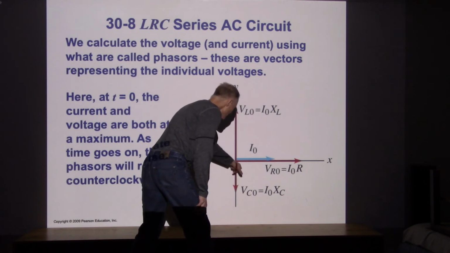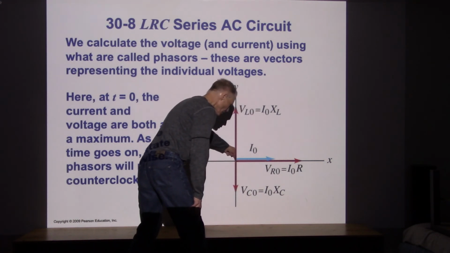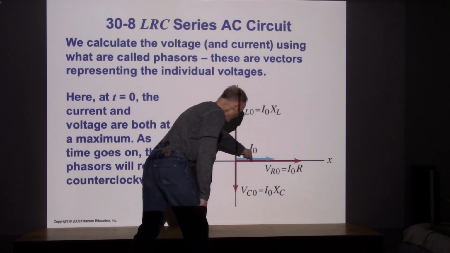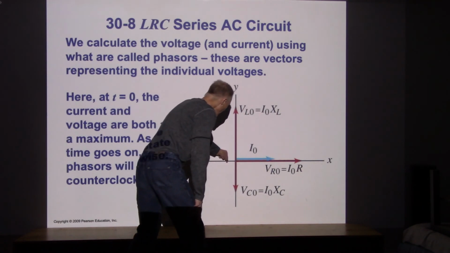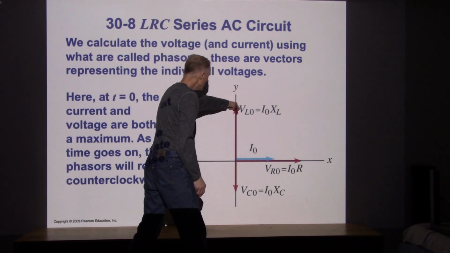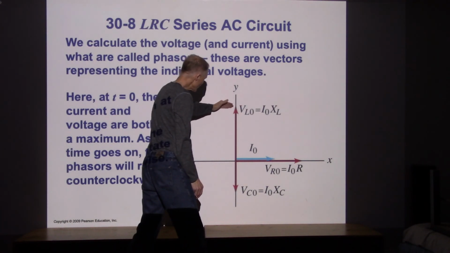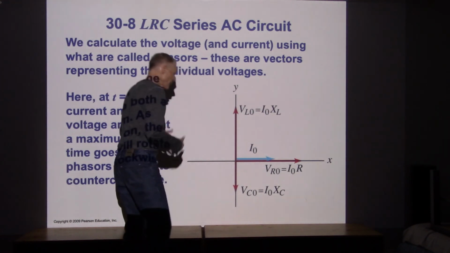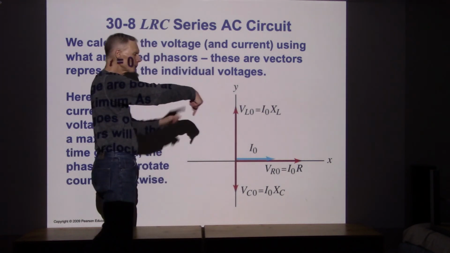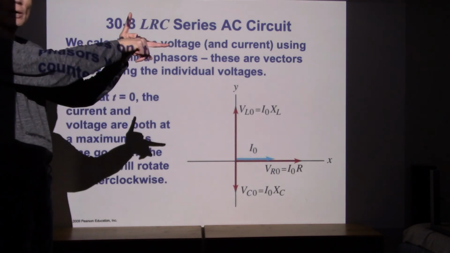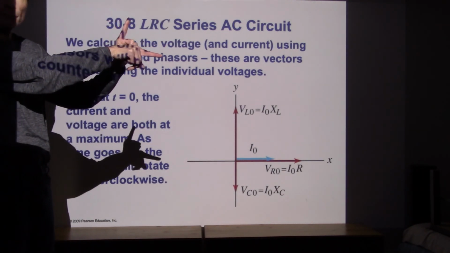If I look at the projection onto the x-axis, it starts at 0, and then it starts going positive, and then the phasor goes by, and then it oscillates. This one, if I start here and begin to rotate the picture, this one initially goes negative. And so that is representing a sine function, the arrow down. The arrow up is representing a negative sine function, and the horizontal line is representing a cosine function.